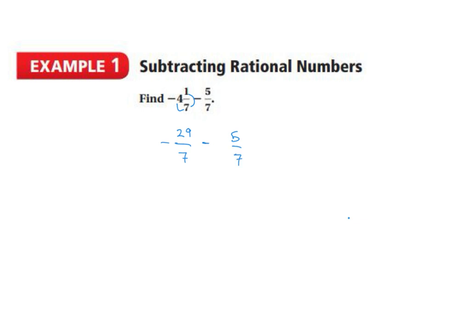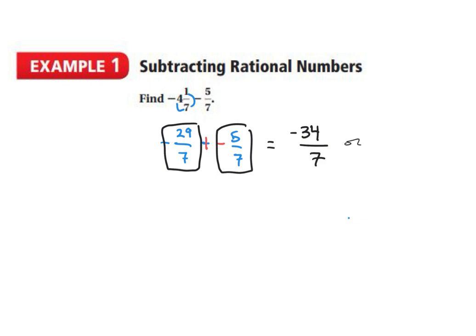So thinking about our karate math and turning this into an addition problem, we're going to use chop slash. From there, I hope you notice that both of our rational numbers are negative. We're adding them, so we have negatives plus more negatives. Altogether, we're going to have 34 negatives over 7. Or you could say that this is 4 and 6 sevenths, and it's negative.